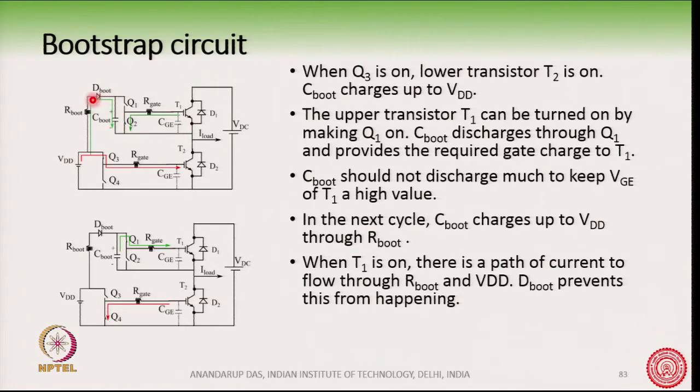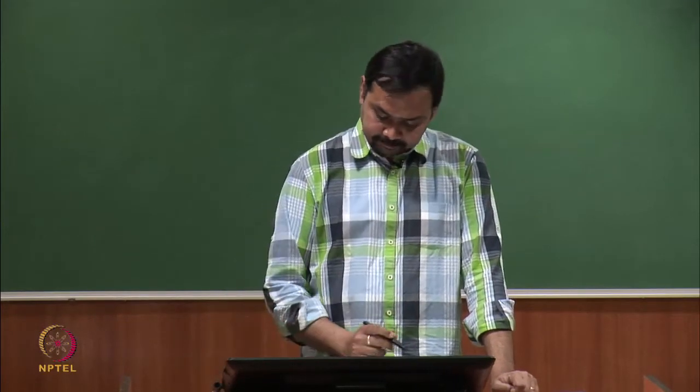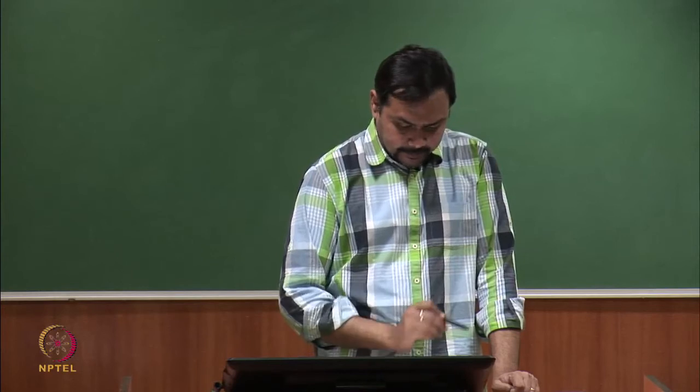Here is the path which I am showing now: VDC through this T1, C boot, R boot, VDD, as soon as you turn on T1. Therefore, the D boot is necessary and it prevents this short circuit of the DC bus with the control power supply VDD, and it stops that from happening.